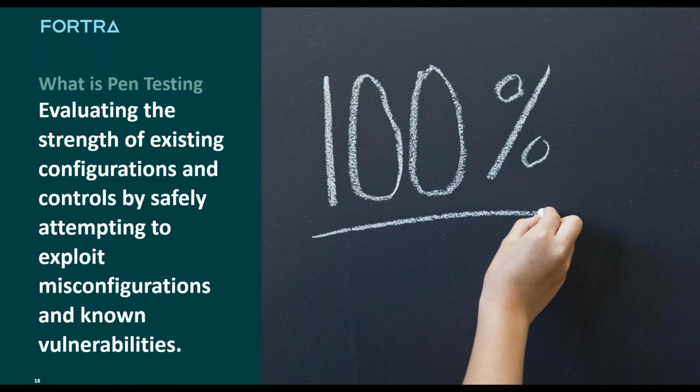And you'll hear me say that a few times because it really is at the core of the goal of pen testing: to help you improve your security posture, to help ensure that misconfigurations are getting corrected, that known vulnerabilities are being patched, and that you're identifying these things in a timely manner to ensure that your infrastructure has the best standing and the best chance possible. Having confidence in the controls and the configurations is a good place for you to start, but proving that they're working for you is just priceless.